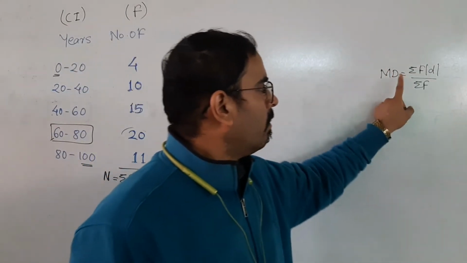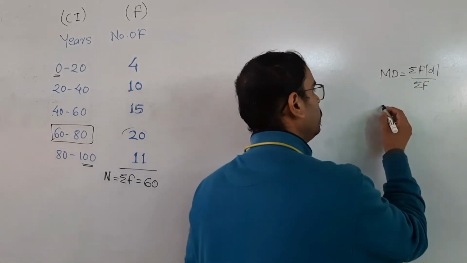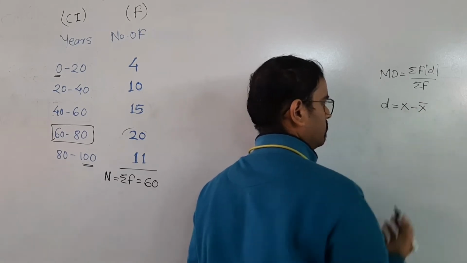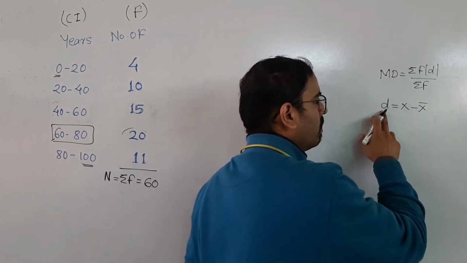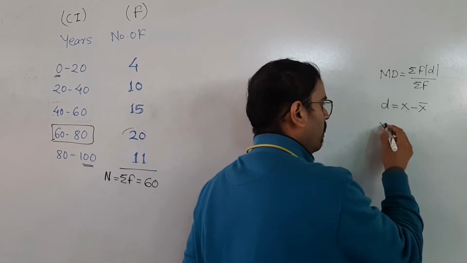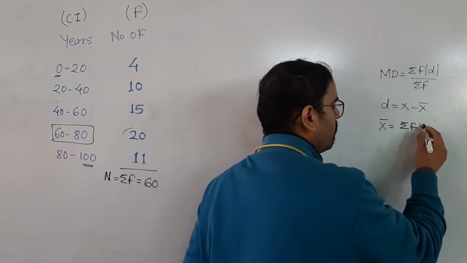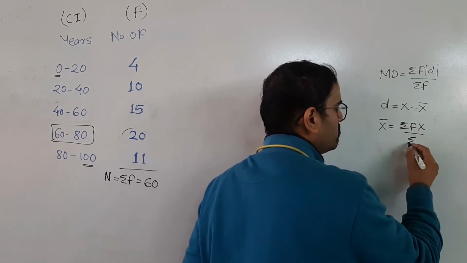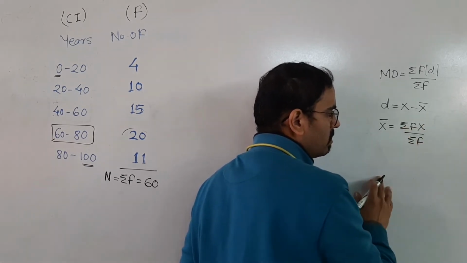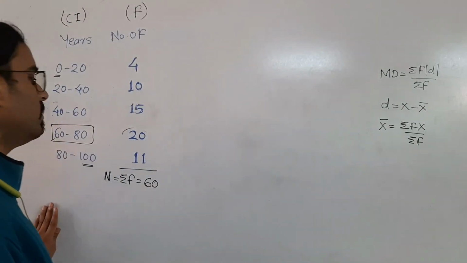For finding summation FD, we need to find D first. The D formula is very simple: X minus X bar. So for finding D, we need X bar, which is nothing but the mean. The mean formula is summation Fx upon summation F. For finding summation Fx, first we need x, but the value of x is not given here.